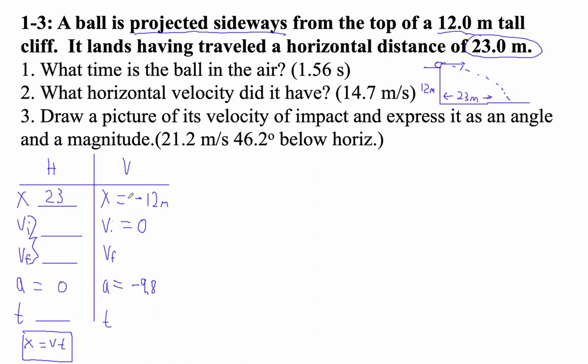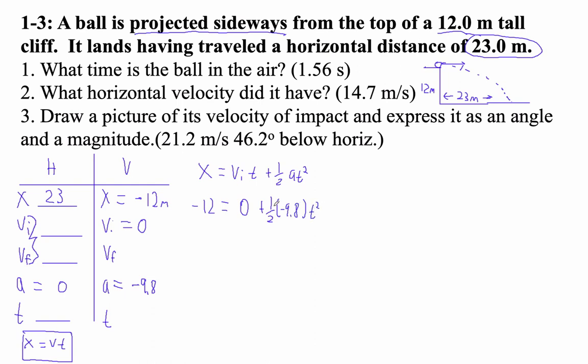So the way this is going to play out, anytime you know the height of the cliff, you're going to find the time using this guy. Right, so that becomes negative 12 is equal to, and then the initial velocity is 0, so this is just 0, right? Plus 1/2 times negative 9.8 times t squared.